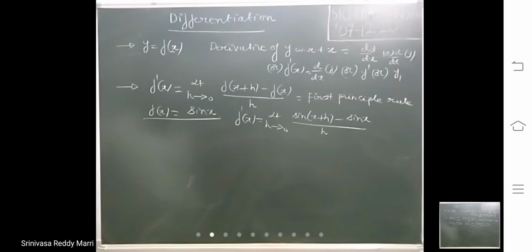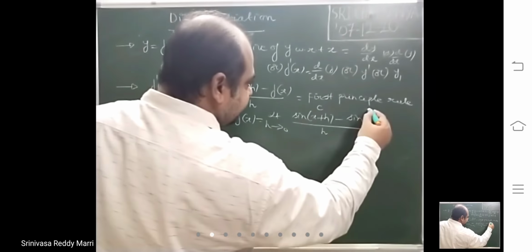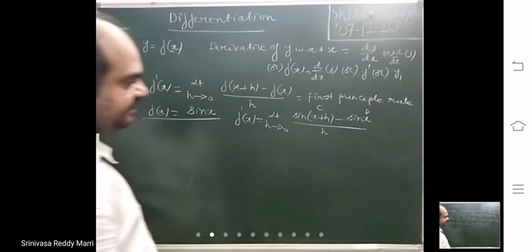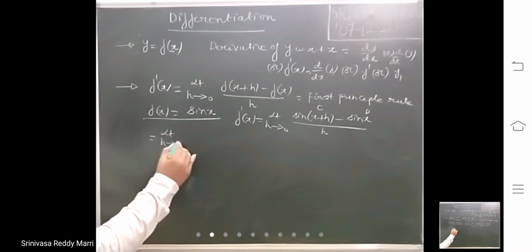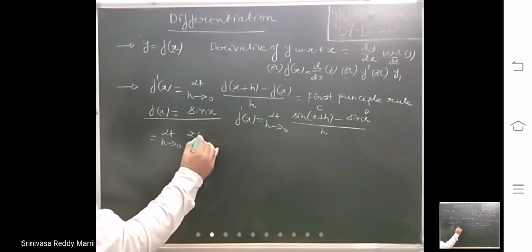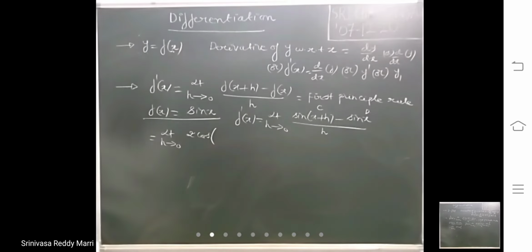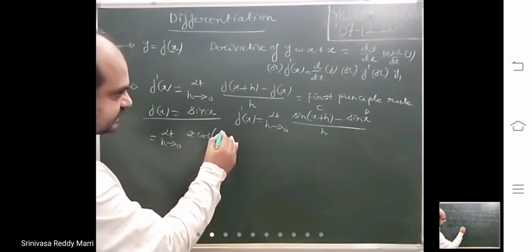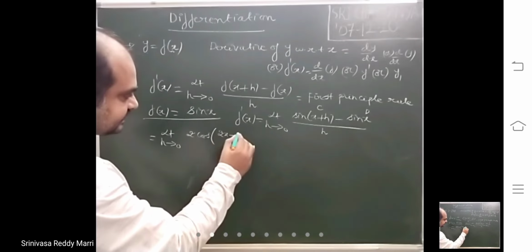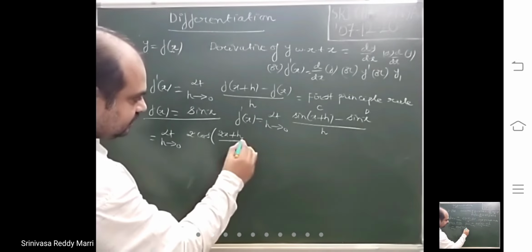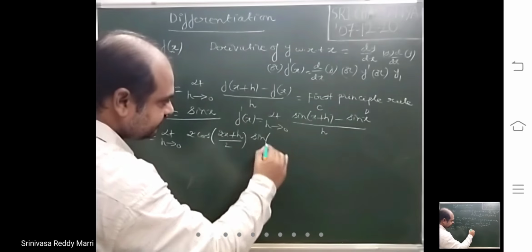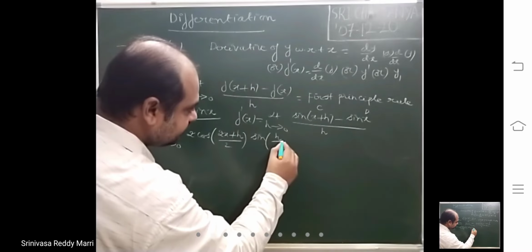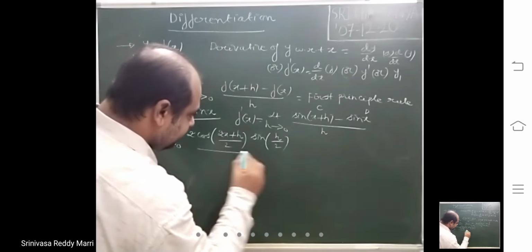You have to evaluate this limit. So I will apply the transformation sin c minus sin d: 2 cos of c plus d by 2, where c plus d means x plus h plus x, that is 2x plus h, divided by 2, times sine of c minus d by 2, divided by h.